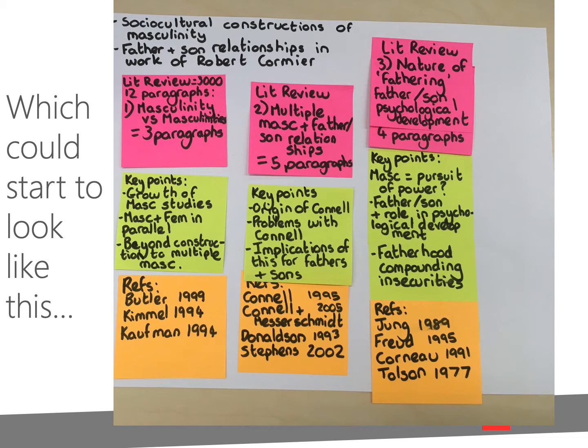And I've made even further revisions of sections: an exploration of the discussion around masculinities and masculinity, an exploration of the multiple masculinities idea of father and son relationships, and a look at the nature of fathering and the psychological development of fathers and sons. I've thought about my key points and I'm deciding where my key references will go.